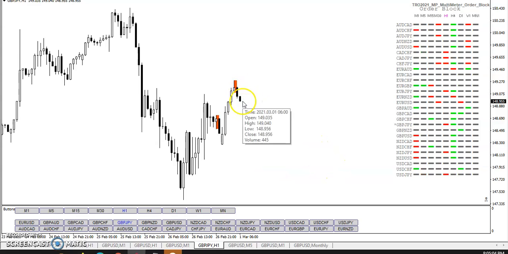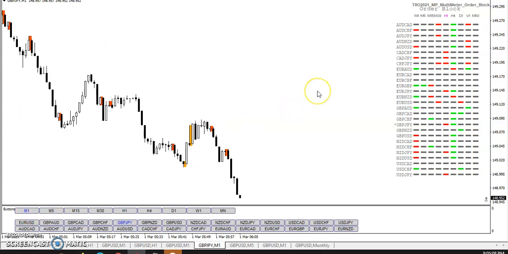So once again, you can see price pulling away here on the pound. And usually when I trade this stuff, I'm actually looking to time my entries on M1. I'm looking for order blocks across the board. And one thing you'll notice is you'll see very few order blocks that don't get taken out on the higher time frames.